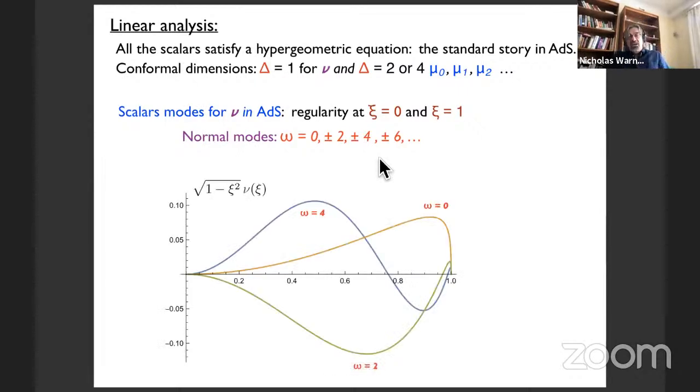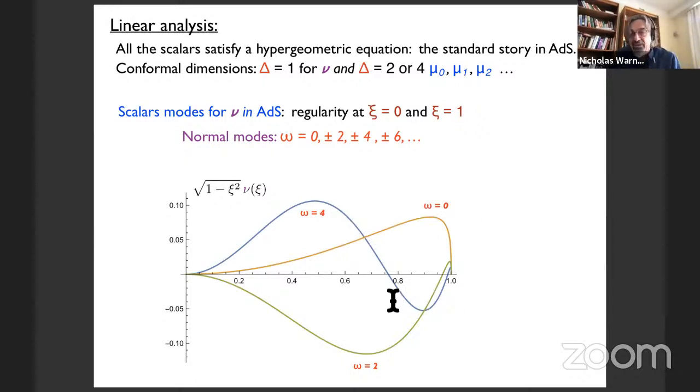And so at 0th order, or linear, you find that this function nu has to satisfy the hypergeometric equation, and the basic hypergeometric modes give you this sort of picture. This is the superstratum, and then this is the first excited state, this is the second excited state. And all the action gets scrunched up here, and it's because the coordinate xi tends, the cap ends at about here, and so all the throat and everything else is compressed to the end.